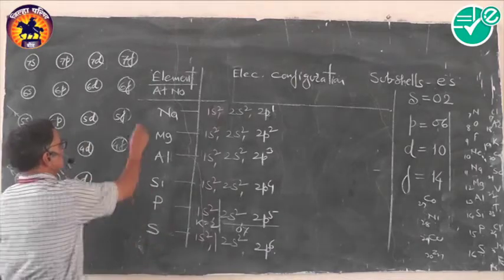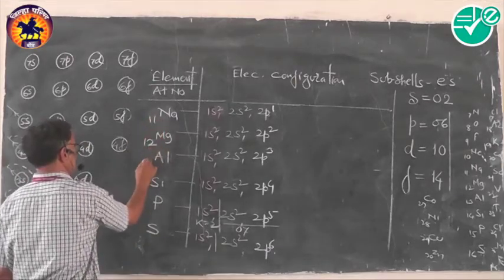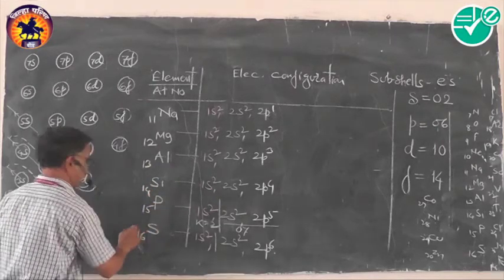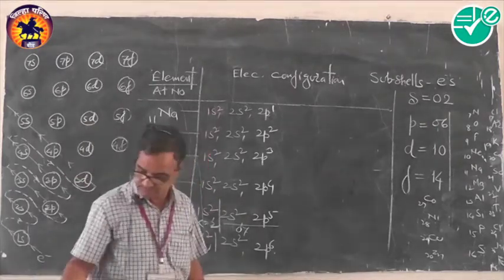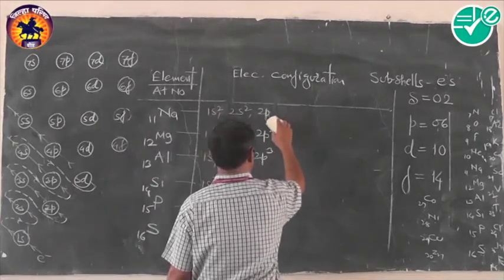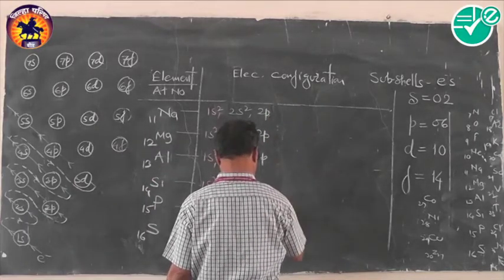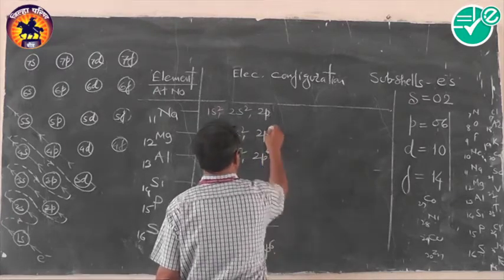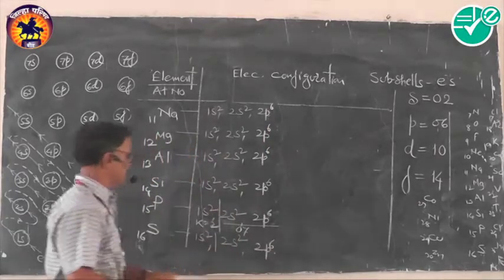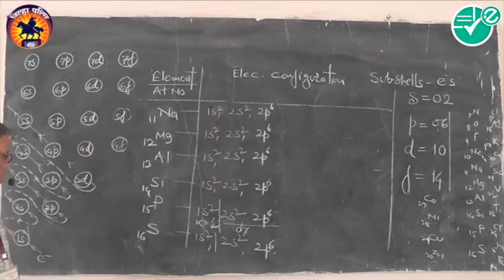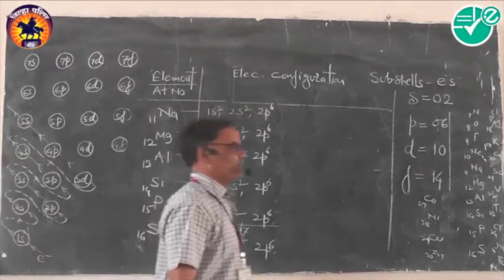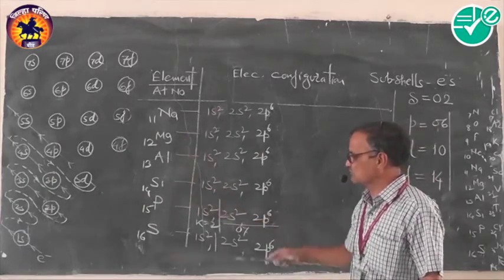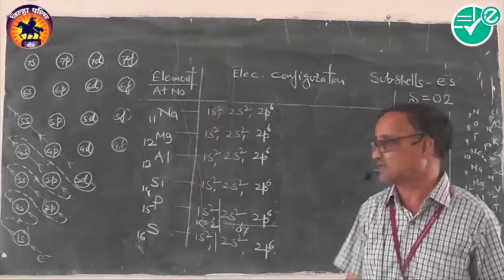This is 11, this is 12, 13, 14, 15, 16. So sodium having atomic number 11, magnesium 12, aluminium 13, silicon 14, phosphorus 15, and sulfur 16.